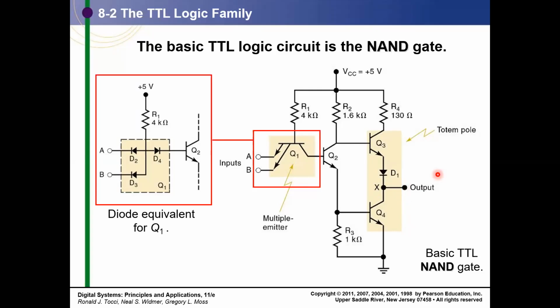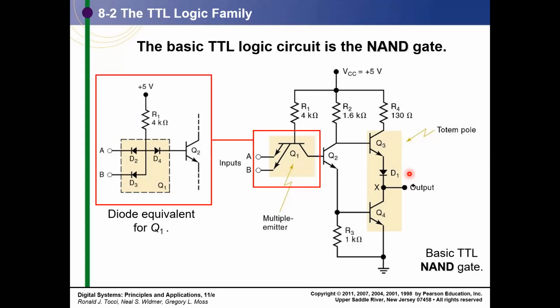So you cannot use totem pole, you cannot use open collector, then you need to use a tri-state configuration. By looking at the data sheet of an IC, you know whether it is totem pole or open collector or tri-state, and you make the choice of an IC accordingly, depending on what kind of configuration is required where I am using it. And this is very important when you are doing interfacing.